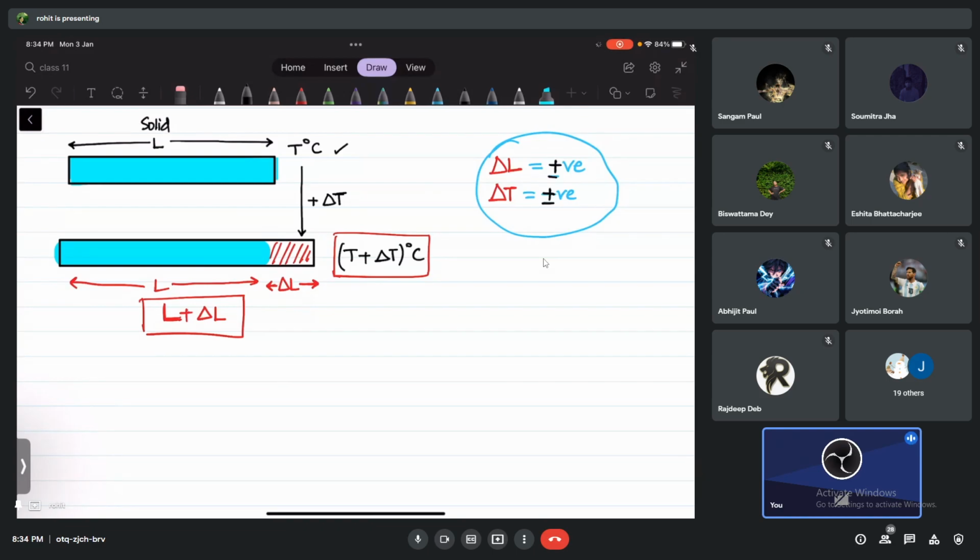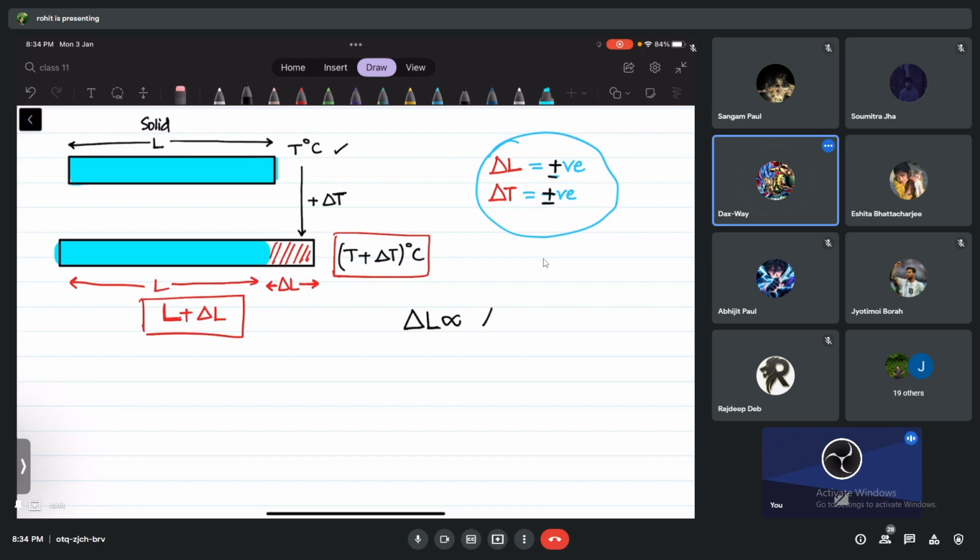I'm going to write something and you are going to tell me. The change in length depends directly on what? What do you think? Proportional to what? Look at the diagram and think and tell me. Change in temperature. Very good. Think like this: will there be a change in length?